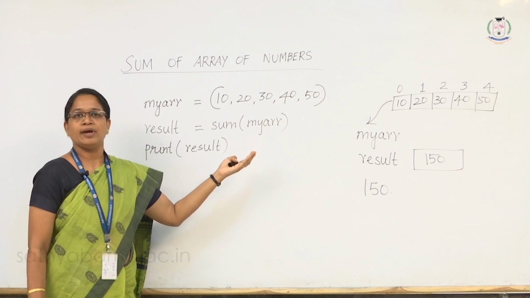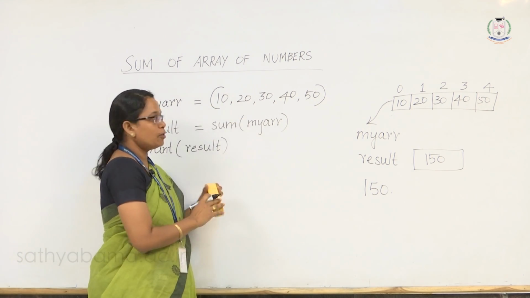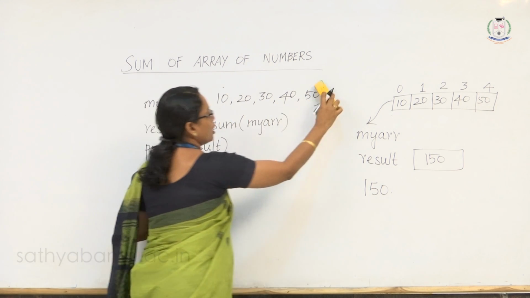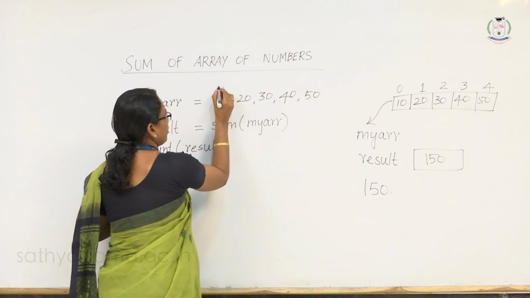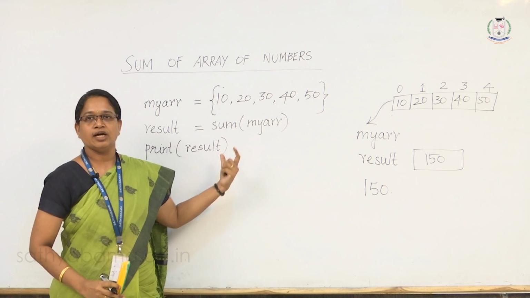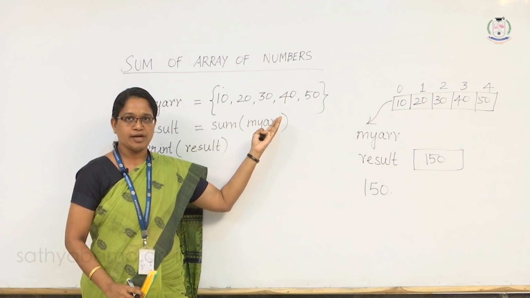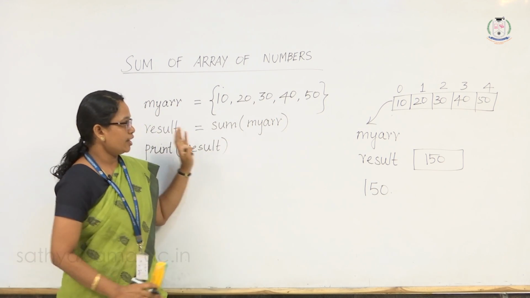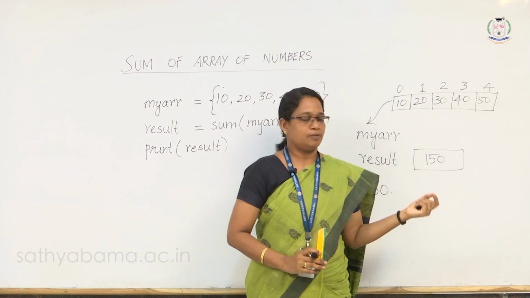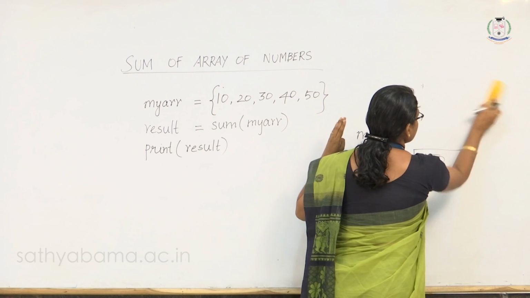This can also be done in another way. Instead of a list and tuple, a set can also be assigned to the variable myArray. Here it represents a set of items. In this case, an index will not be assigned to each number.